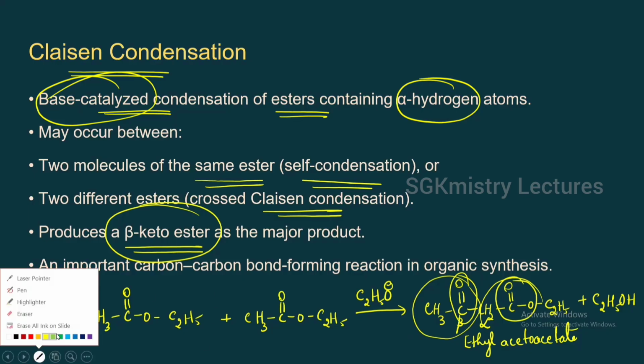So let us look at the mechanism of this reaction. First, we take the base, C2H5O minus, which attacks the ester. Let us take the ester CH3COOC2H5, ethyl acetate. Now this base abstracts the hydrogen, and the charge shifts here.